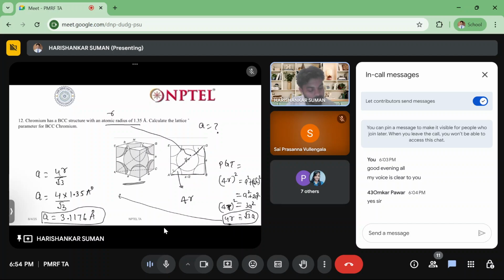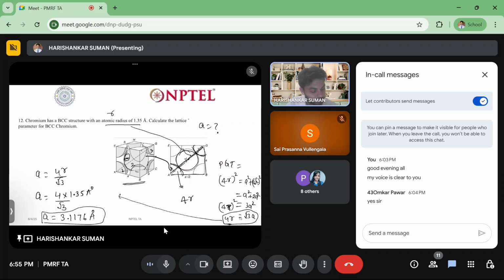This is the body centered, it looks like that. One at the center, this big one, and others are at the corners. So the picture looks like that. This is 1, 2, and 3. Let's see here, this is 1, 2.